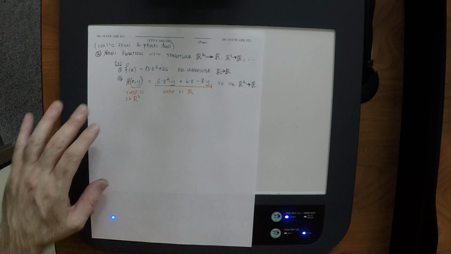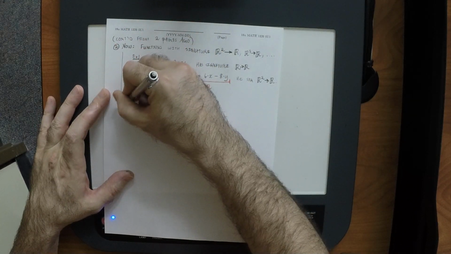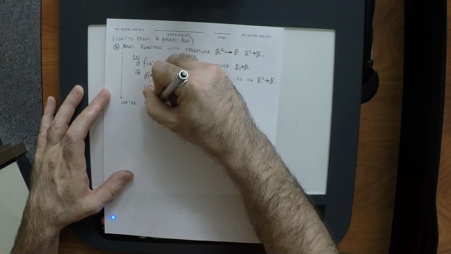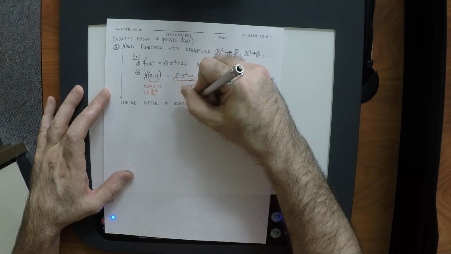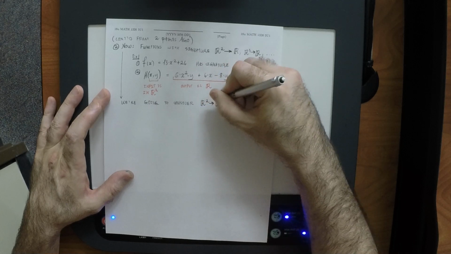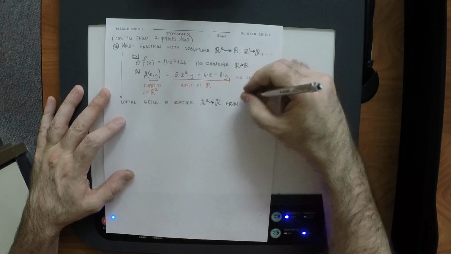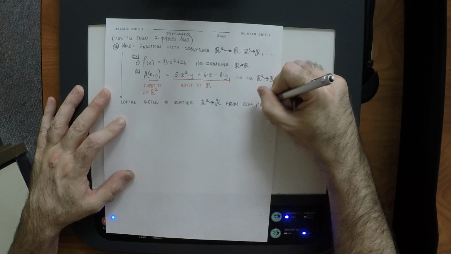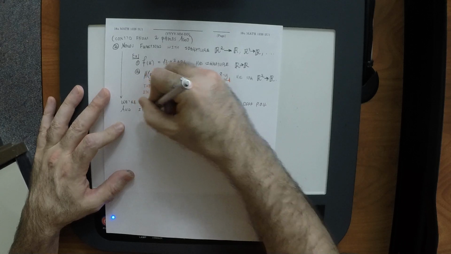So we're going to consider functions with signature R squared to R from the differential point of view and the integral point of view.